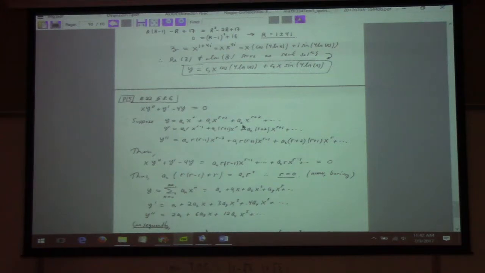Oh, and then finally, the final problem. So here we have x y double prime plus y prime minus 4y equals 0. This is a Frobenius problem. It's a regular singular point. And so here's my Frobenius solution. You know, a naught x to the r plus a1 x to the r plus 1 plus and so on. Now, I've mostly been using summation notation, as I will down here.